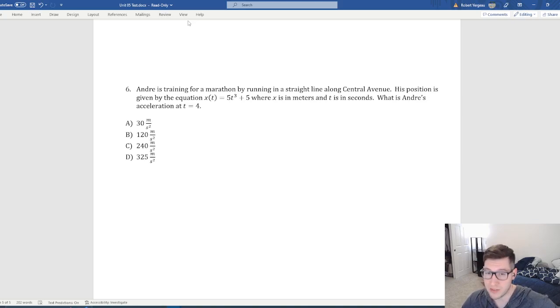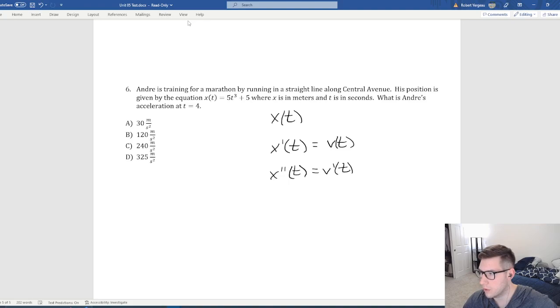When we talk about position, x of t, we talked about this in class. I take the first derivative, x prime of t. When we take the derivative of position, we end up with velocity. And so x prime of t is actually the same exact thing as v of t. When I take the second derivative of position, x double prime of t, that's the same thing as taking the derivative of my velocity equation, which is acceleration.